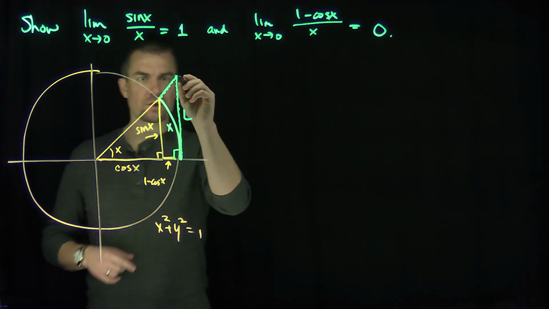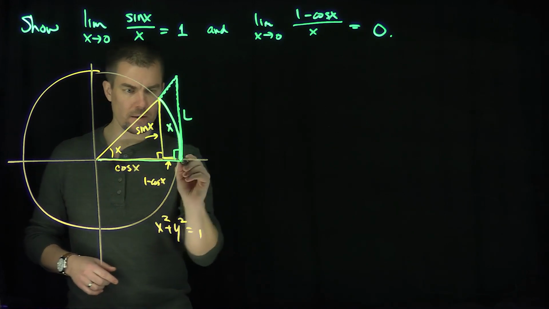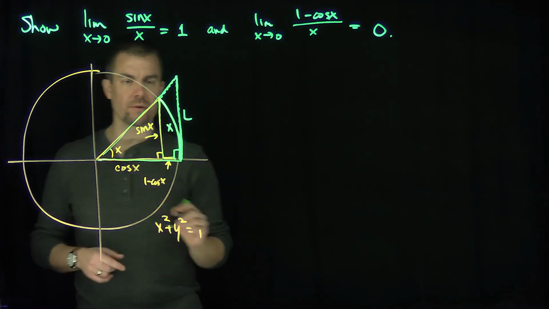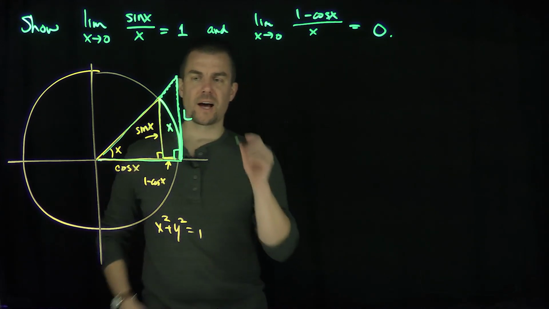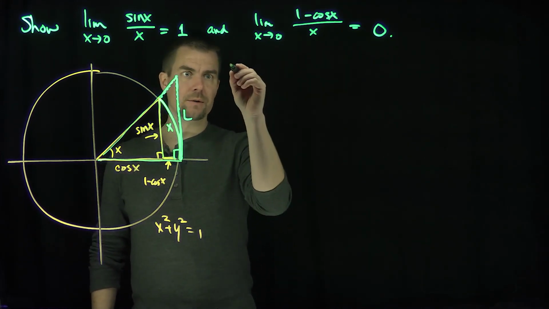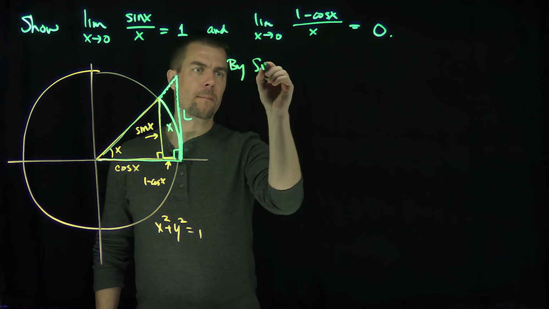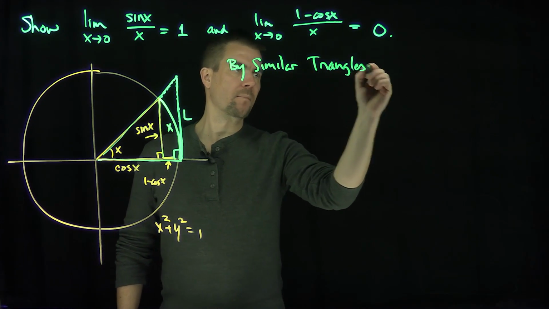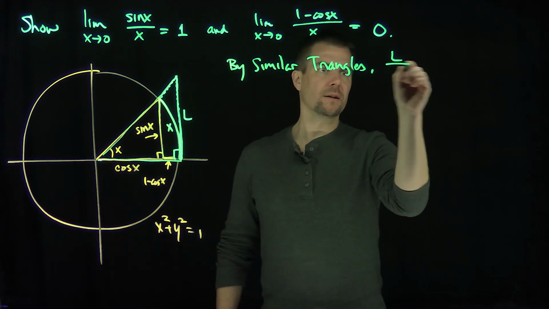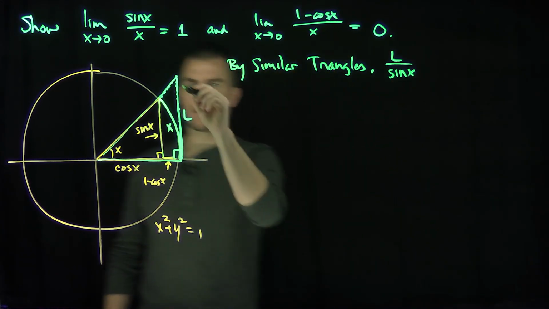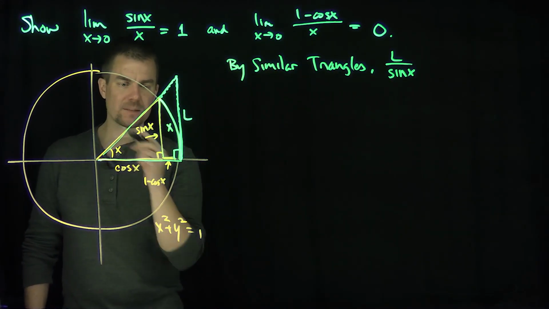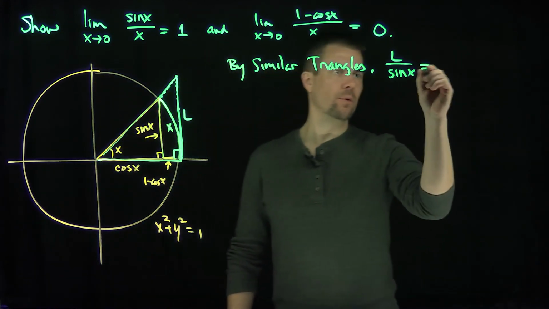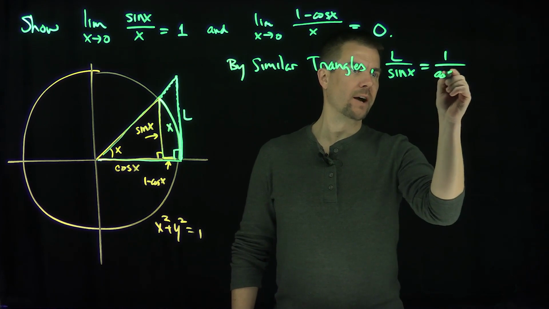Well, I know that this right triangle, that green right triangle, is similar to the original triangle we drew over here. So by similar triangles, the ratio of L to sine of x, that length over this length, has to be equal to the ratio of 1 over cosine of x.